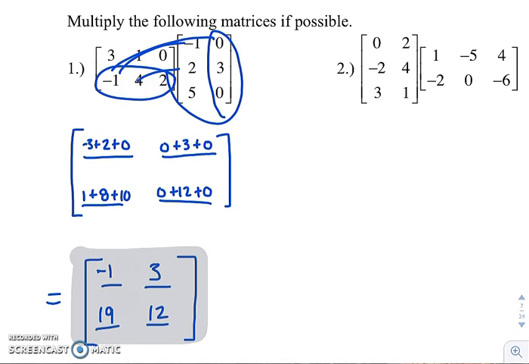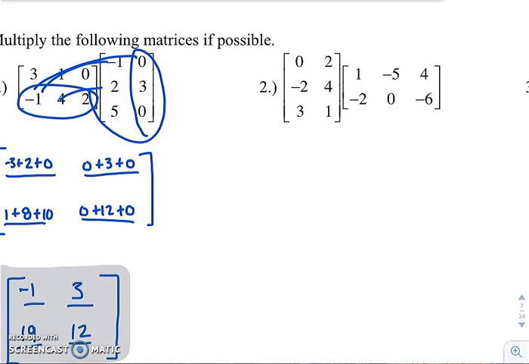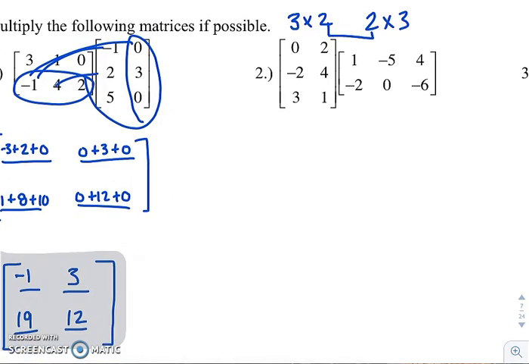So for number 2, we've got a 3 by 2 and a 2 by 3. So we can multiply them and we'll end up with a 3 by 3.